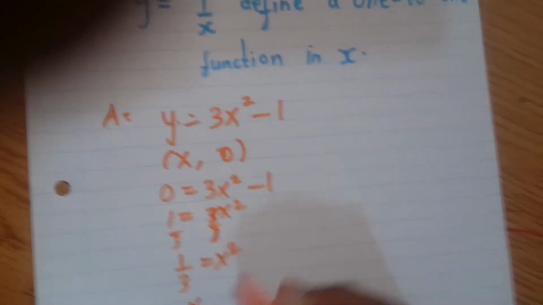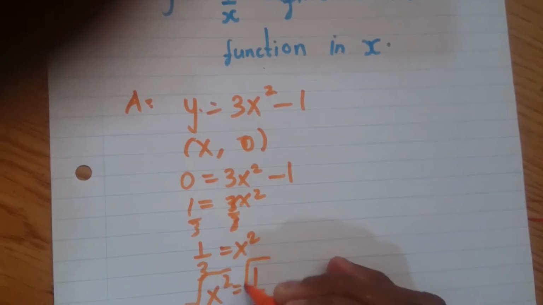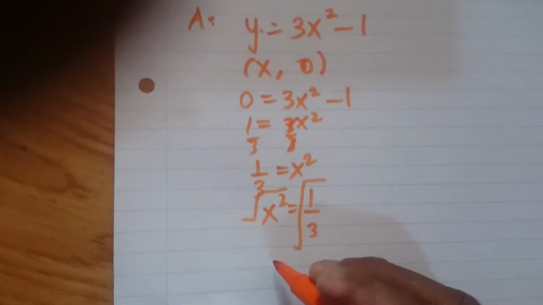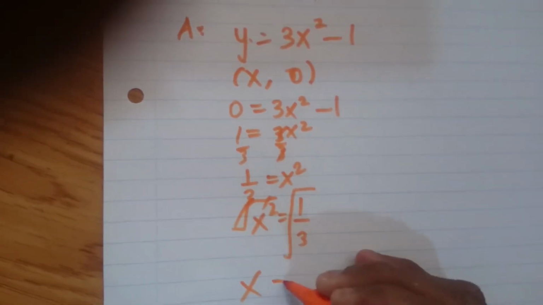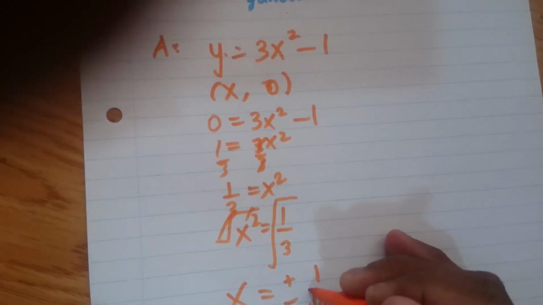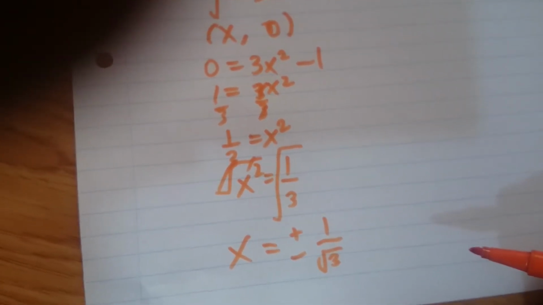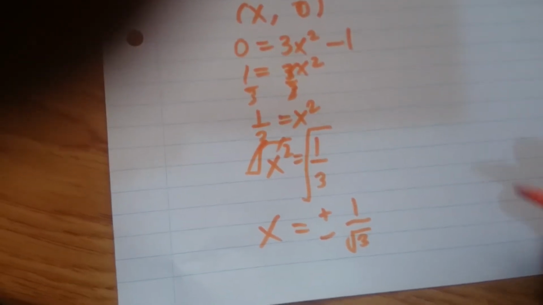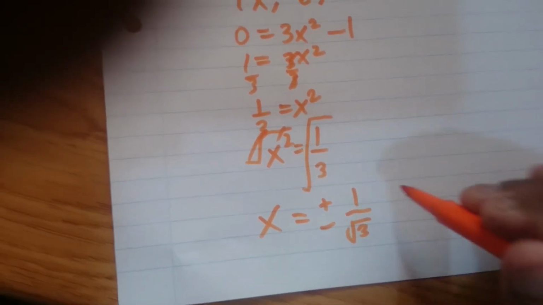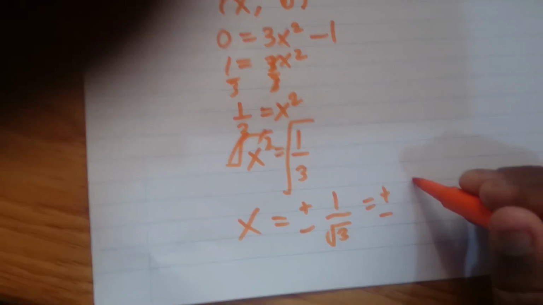Then take the square root throughout. So x equals plus or minus 1 over the square root of 3. These are the x-intercepts. I could simplify this further, and rationalize the denominator.